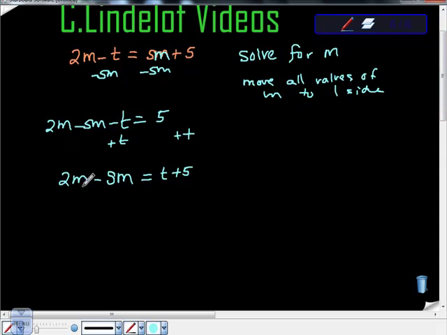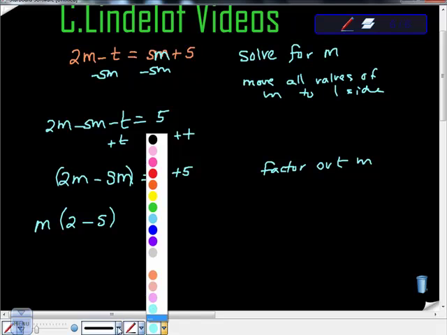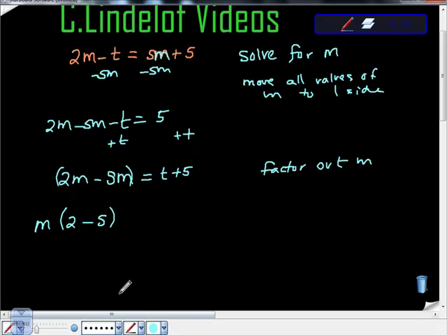I'm going to factor out m, so it's going to look like this. I can factor out m, and m times 2 is 2m, and m times negative s would be negative sm. I'm just checking to see if this math is going to work, and it will.